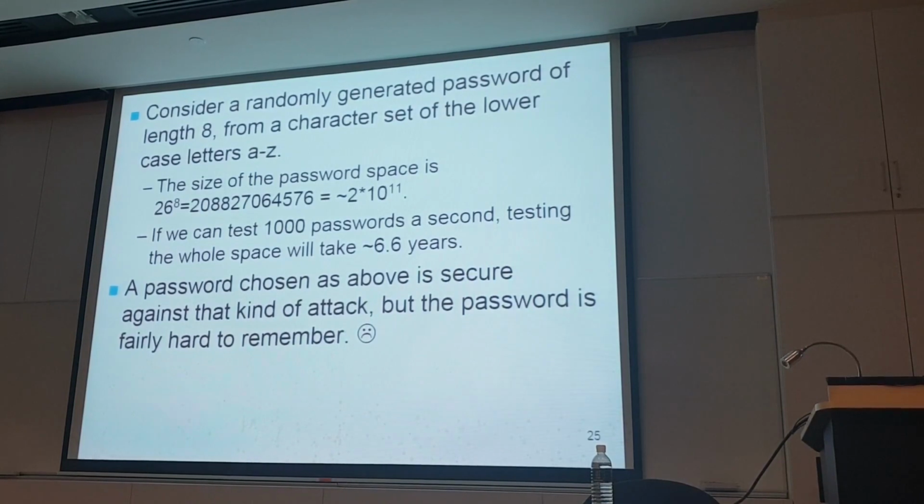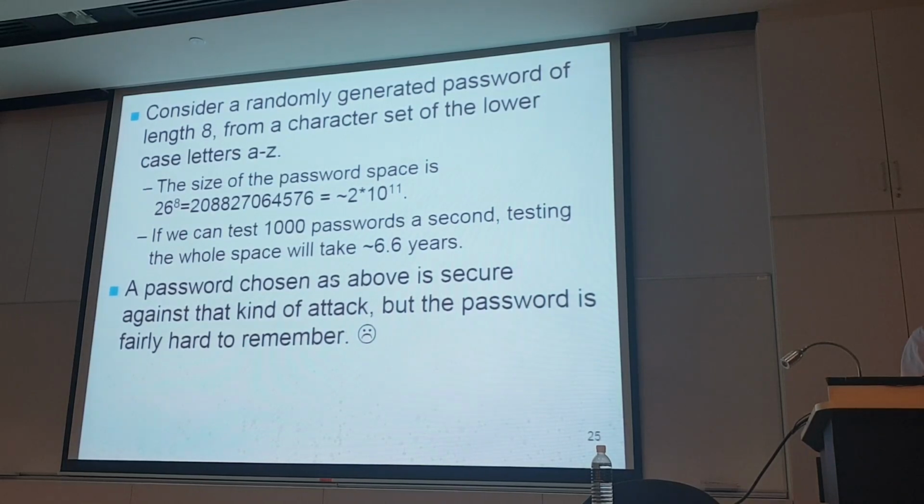We have 26 to the power of 8, because we have 8 positions, and each position has 26 possibilities. Then if we assume that the attacker can test 1,000 passwords in a second, we can simply calculate the time. When you divide this number by 1,000, you get a time of 6.6 years.